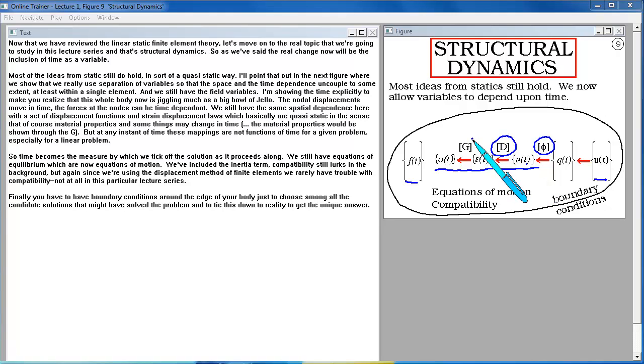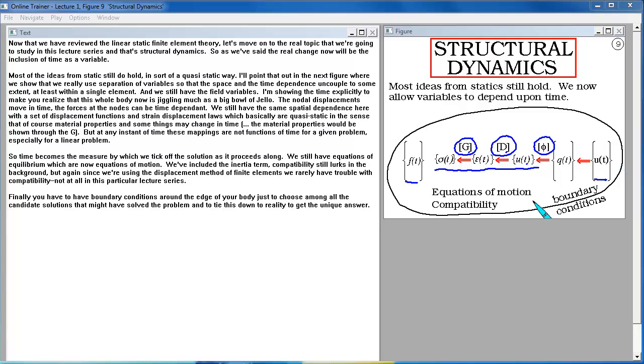Now, the material properties would be shown through the G, but at any instant of time, these mappings are not functions of time for a given problem, especially for our linear problems. So, time becomes the measure by which we tick off the solution as it proceeds along.